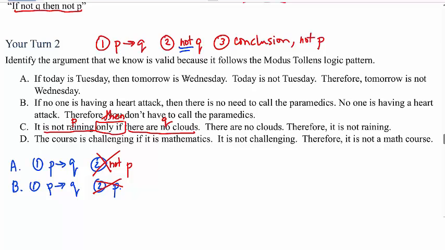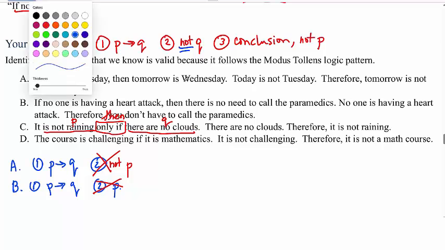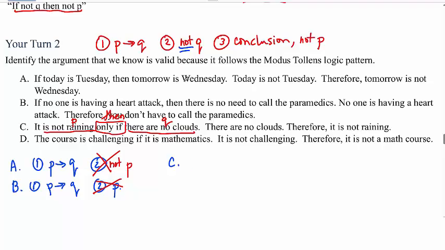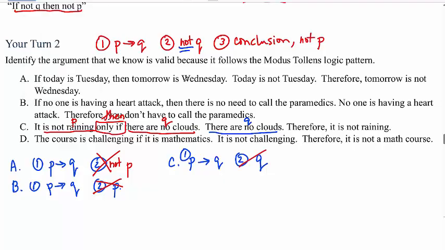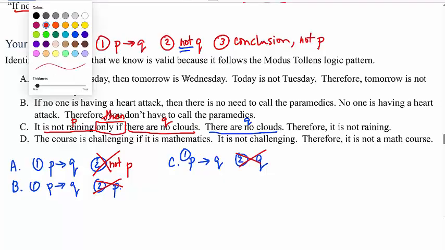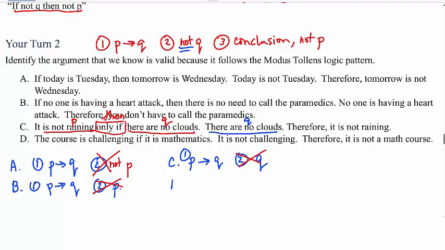All right, so far we have our first statement is P implies Q. And then we're looking at the second statement. Now, the second statement is there are no clouds, which is the same as Q. So we're saying Q happens. And again, we don't want Q to happen. We need not Q to happen. All right, so that one doesn't fit.